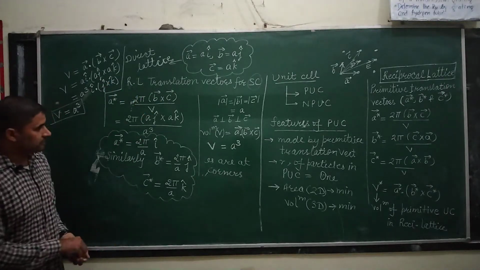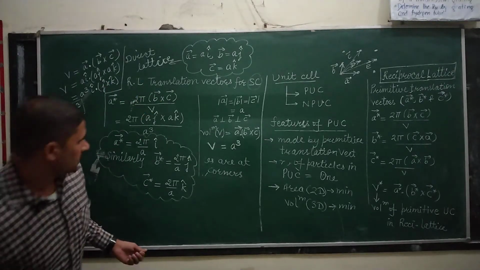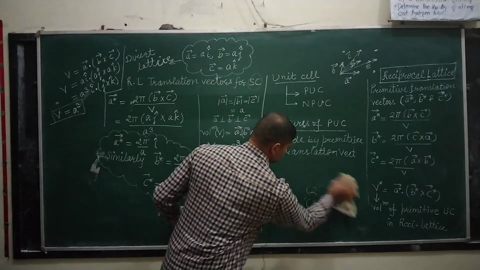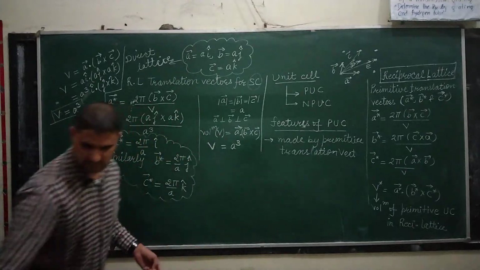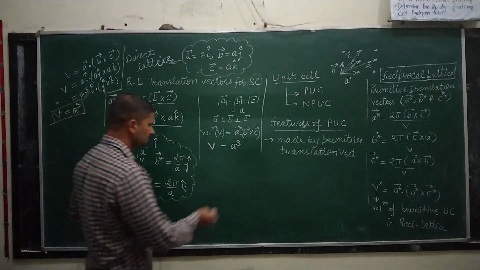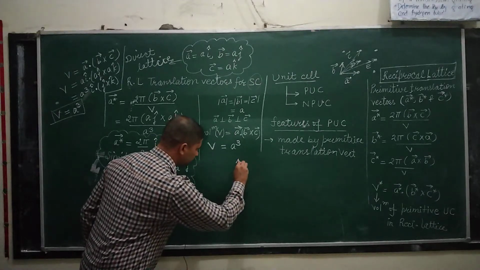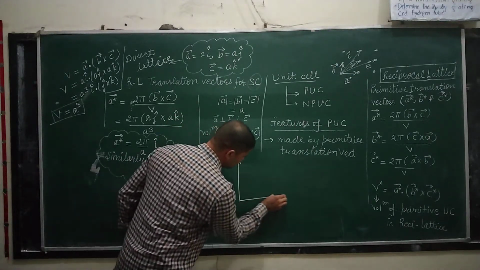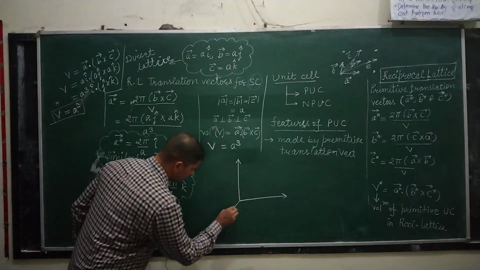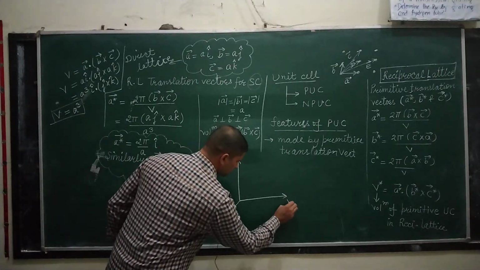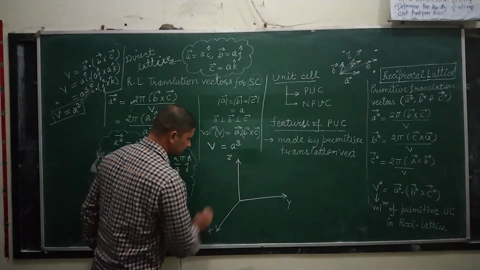Okay class, so if you make a reciprocal lattice primitive unit cell, then it will look like this. This is x direction, this is y, this is z.